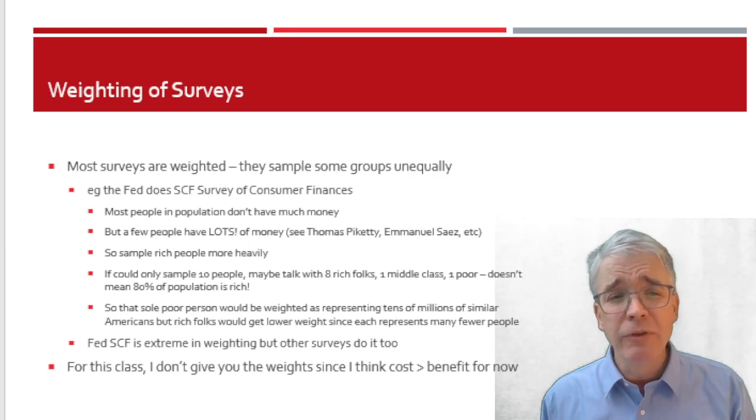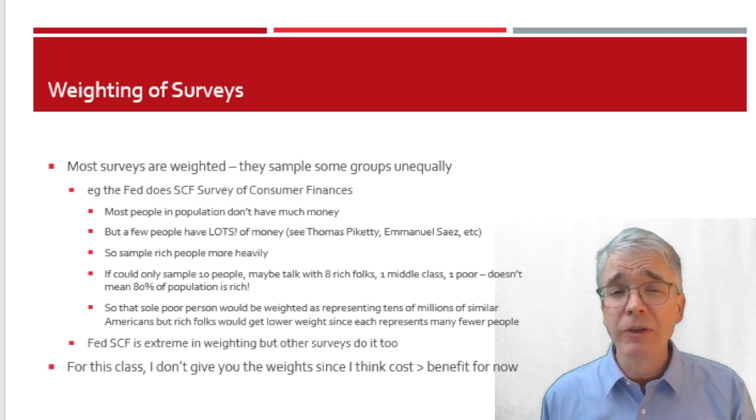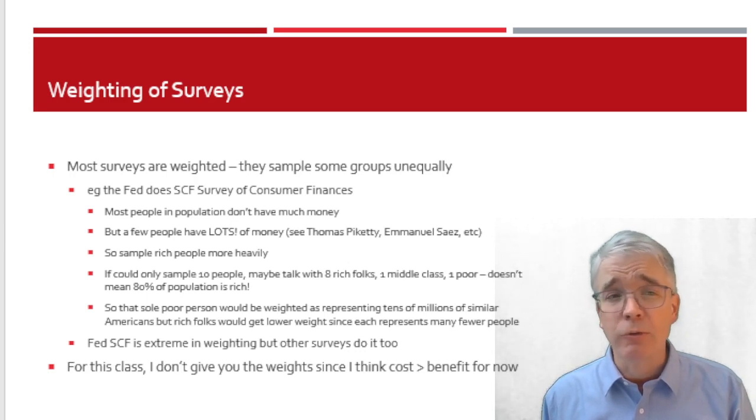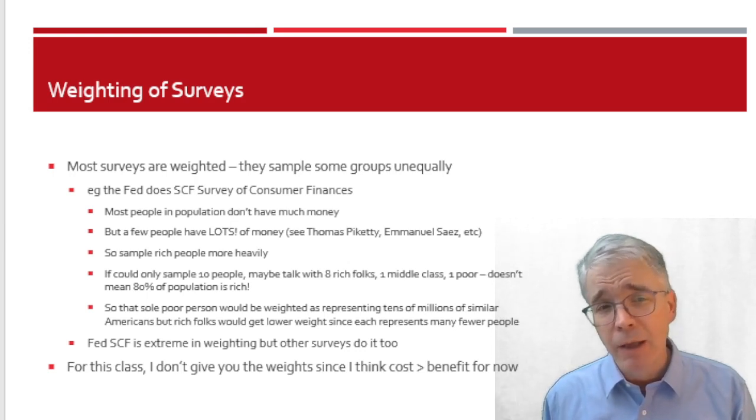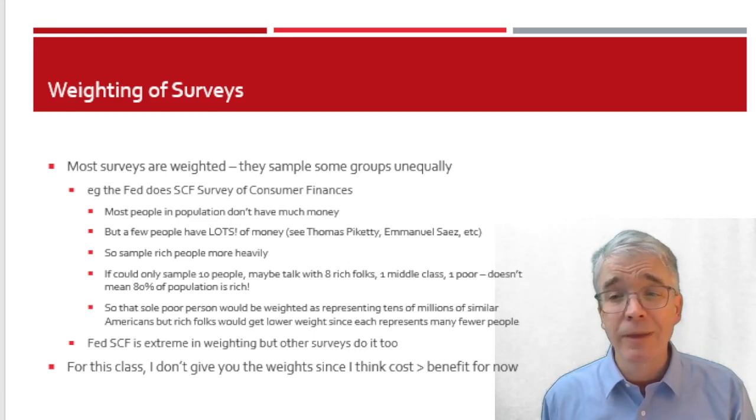Now, generally, surveys are going to be weighted. We skip that in the class for now, but I want you to be aware of it for later. The weighting is important because when the survey is constructed, they'll sample groups unequally. An example is the Fed Survey of Consumer Finances, SCF. In the population overall, face it, most people do not have very much money.